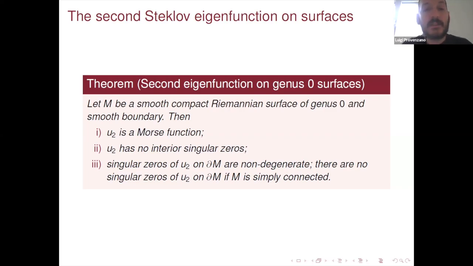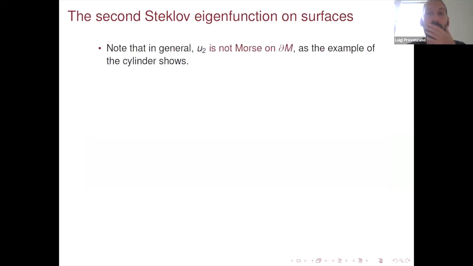In particular, in the simply connected case, singular zeros cannot occur. So if you have a zero, the gradient cannot be zero on the boundary. And this comes out from the proof of these three properties.